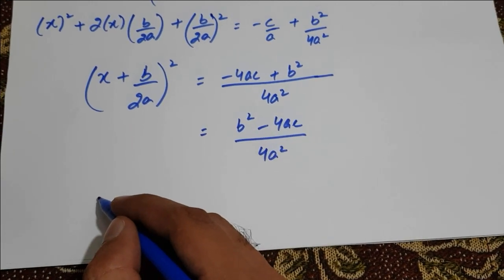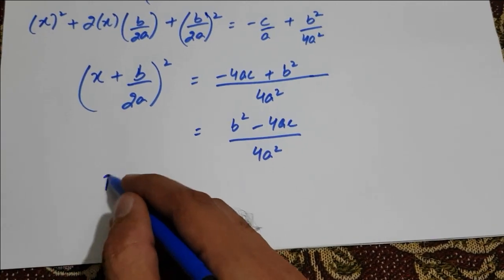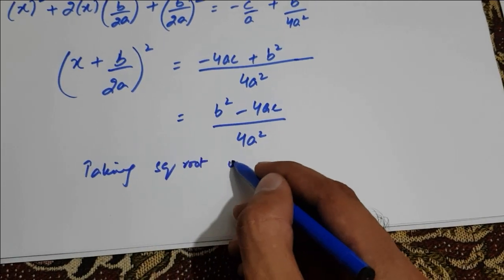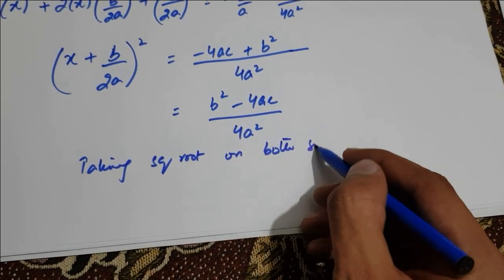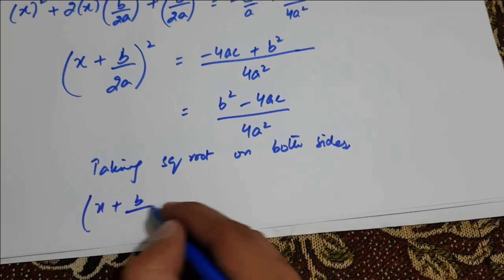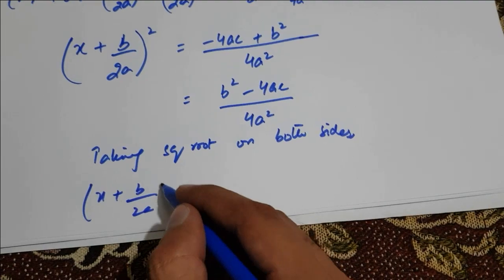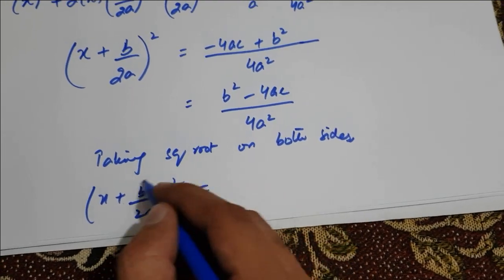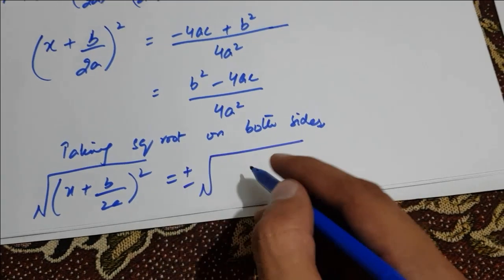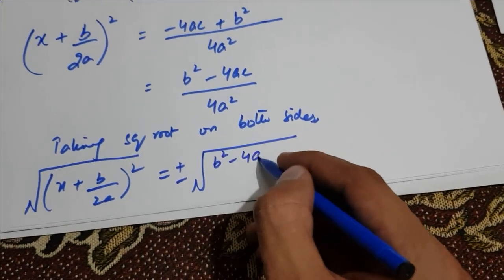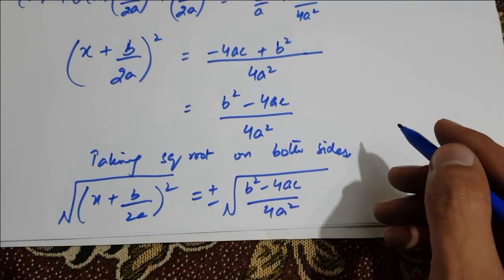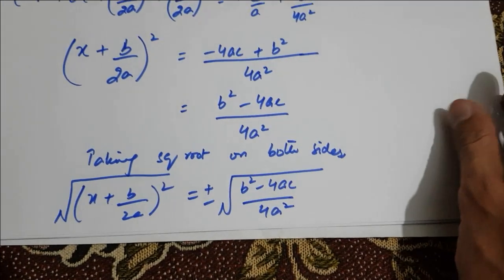After applying the square root, we get the square root of x plus b over 2a whole square equals plus minus square root of b squared minus 4ac over 4a squared.